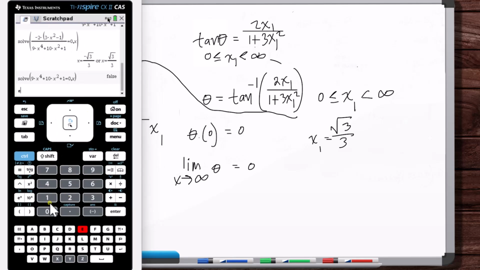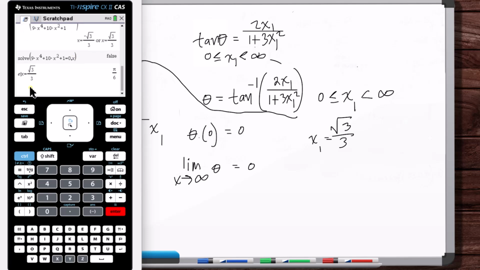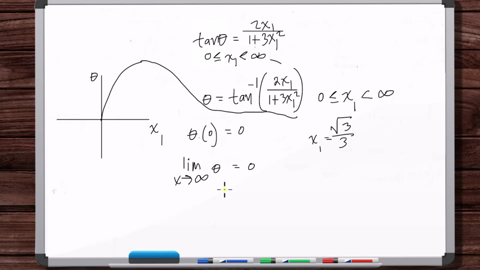Okay, so we've got the function with x equal to root 3 over 3. Theta evaluated at root 3 over 3 is equal to pi over 6.